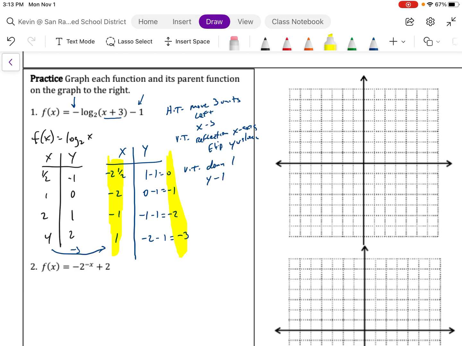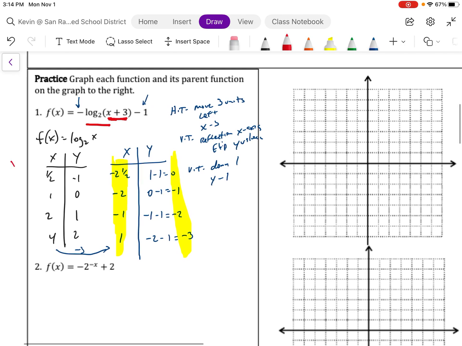So we come over here. Oh, by the way, since this is a logarithmic function, the asymptote is going to be based on what's happening with x. Our asymptote of our parent function of log here is x equals 0.